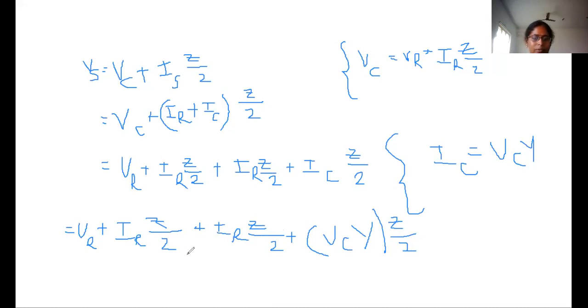Here the two terms are same, so adding these two terms, 2 into Ir into Z by 2. The 2 gets cancelled, and here only Ir into Z is there.